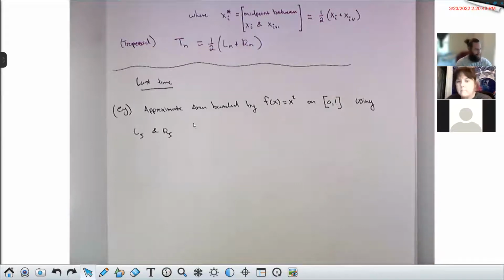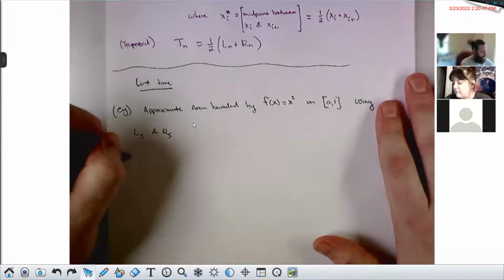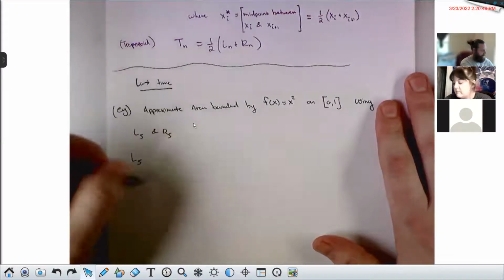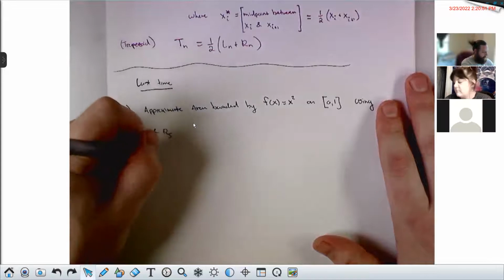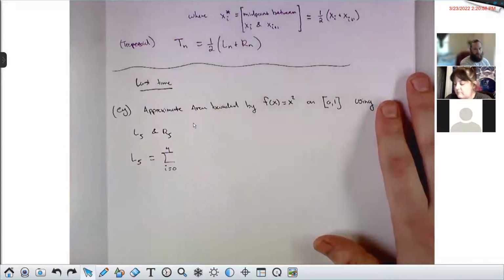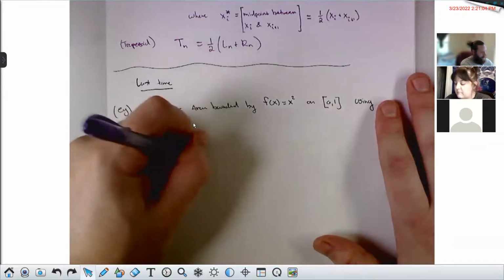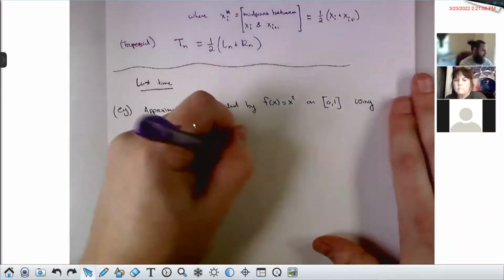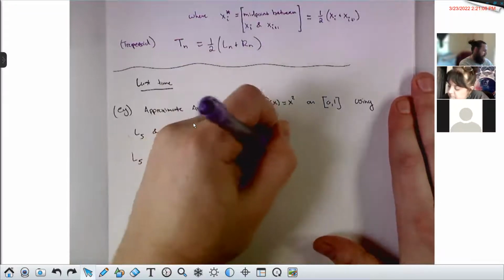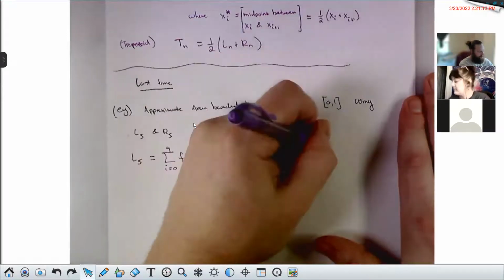So the way we do this, we'll do the L5 calculation first. L5 is the sum from i equals 0 to 4, right? From 0 to n minus 1, f of xi times delta x, where delta x is b minus a over n.